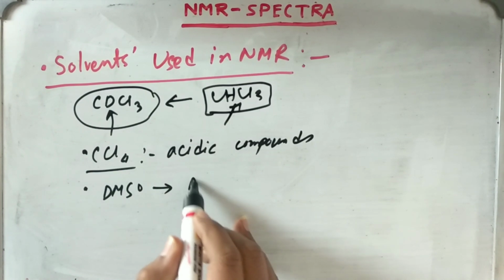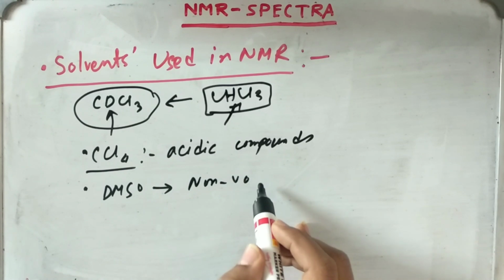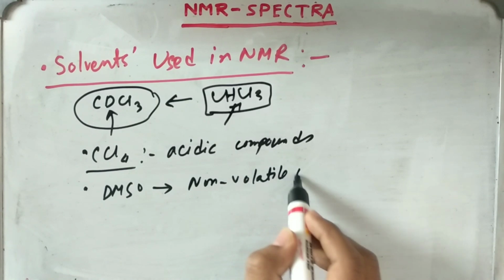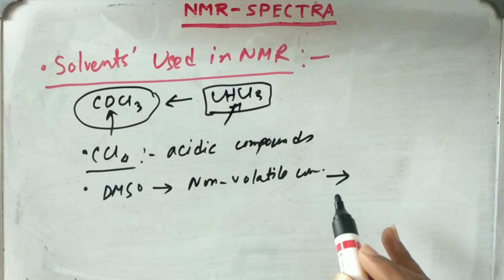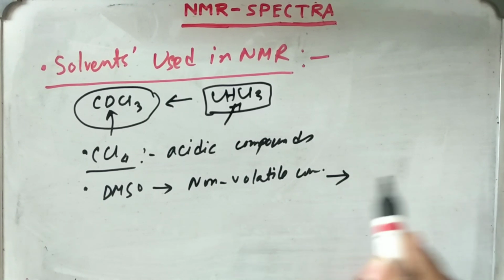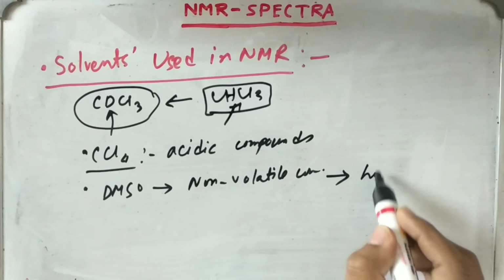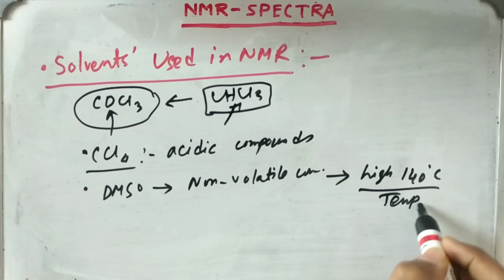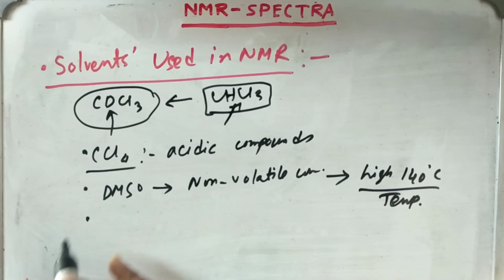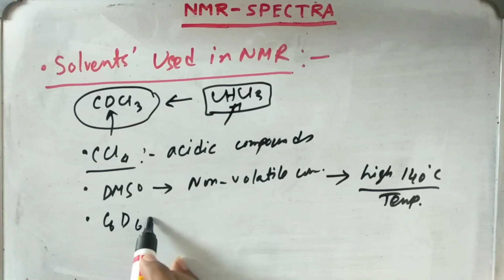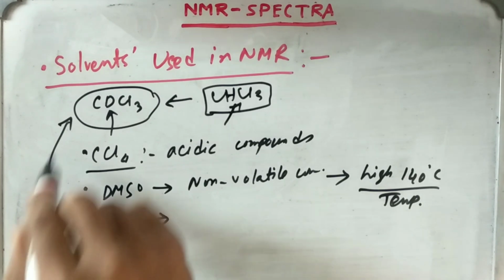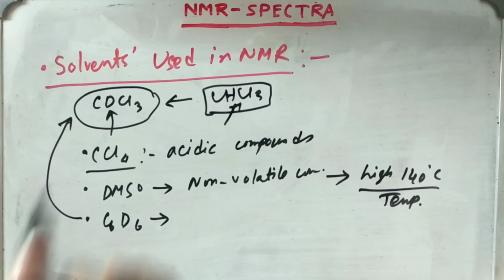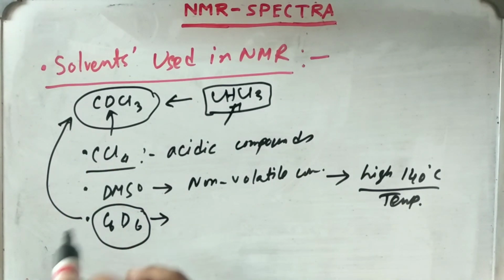DMSO is used for non-volatile compounds, or if you want to get the NMR spectrum at very high temperature, maybe 140 degrees Celsius. Then coming to C6D6, it is not normally used, but it is often added along with the CDCl3. But it is not a common reagent; normally it is not used.